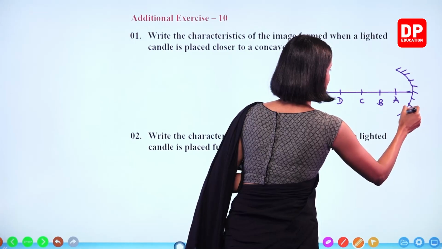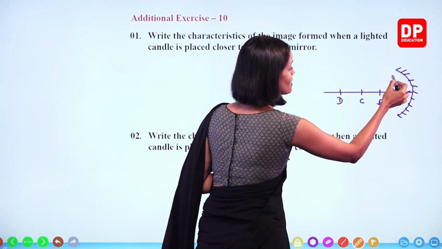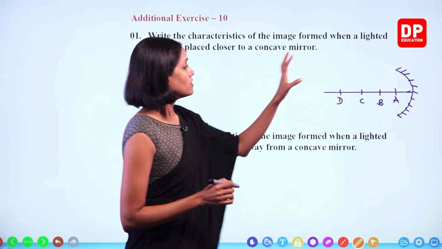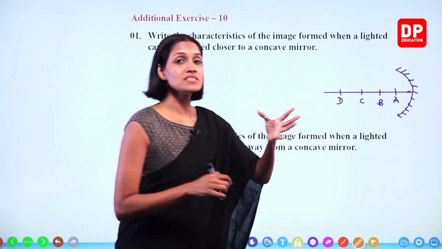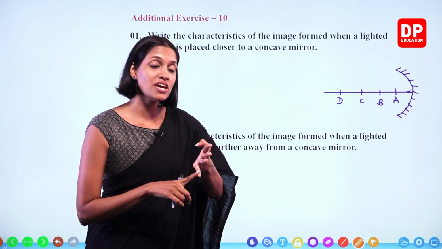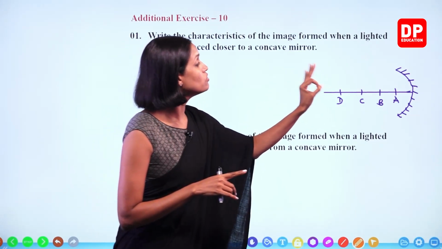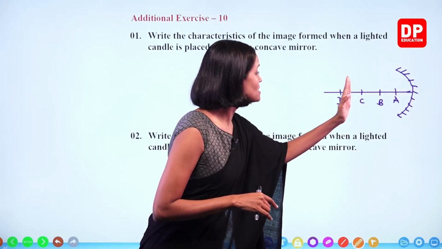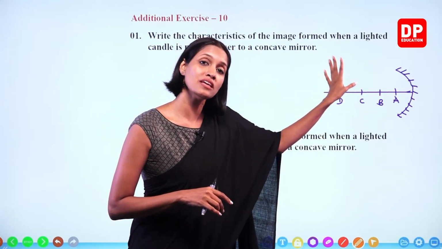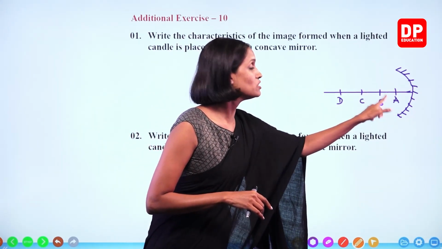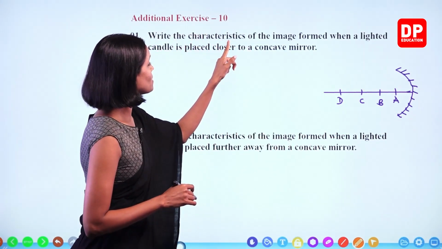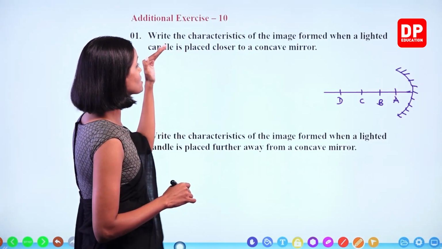When we placed the candle very close to the mirror, the image formed was larger than the object, upright, but we could not take it onto a screen. In all the other instances, B, C, and D, we could take the image onto a screen, but here we could not.